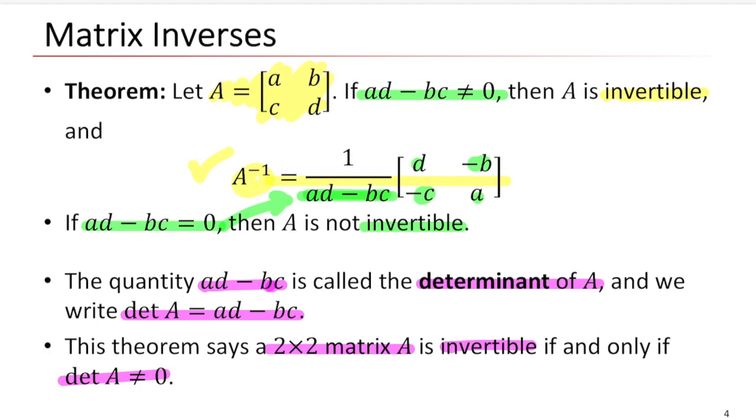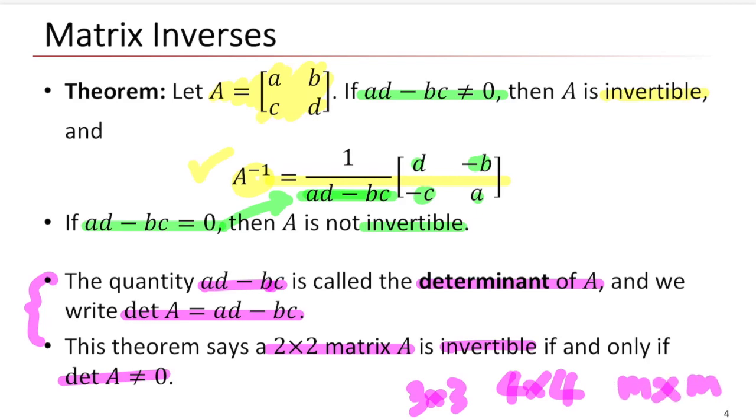This is a very simple case of the determinant, but for 3 by 3, 4 by 4, or n by n matrices, the concept of determinant will be very difficult. So we will discuss it further in the following lecture. Here, let's just keep in mind the 2 by 2 case.